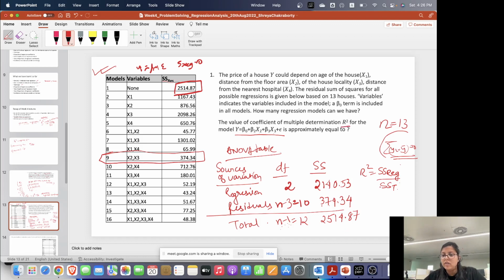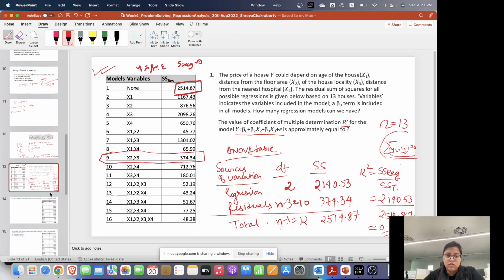Then the value of R square would be 2140.53 by my total sum of squares, that is 2514.87, and this would come out to be approximately 0.85. This is the answer. Any doubt on this question? Okay, I am assuming there is no doubt.